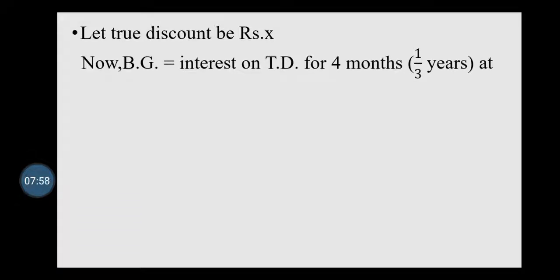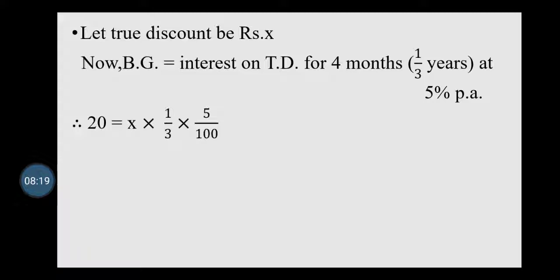Now we know that banker's gain is equal to interest on true discount for 4 months. 4 months means 1 upon 3 year at 5% per annum. So banker's gain is 20.